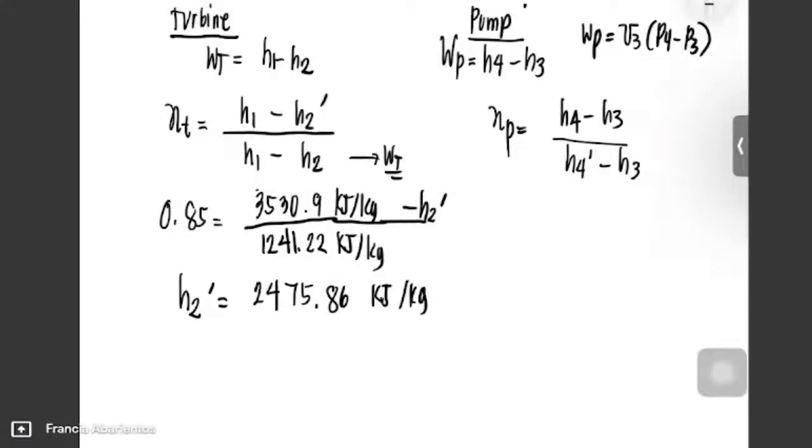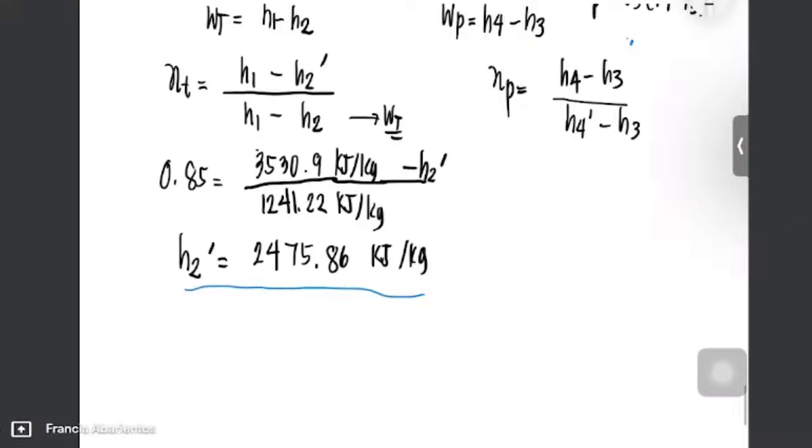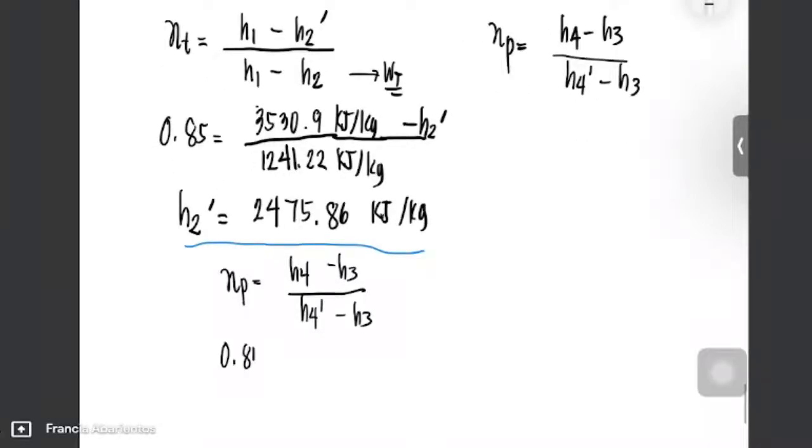We have now here, okay, ano yung sunod natin kukunin? Yan, we have now the H2 prime. The H4 prime. We have now the pump efficiency. That is equal to H4 minus H3 over H4 prime minus H2. 85 then, as stated in the problem, H4 minus H3.